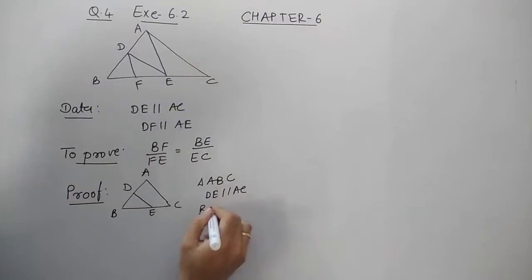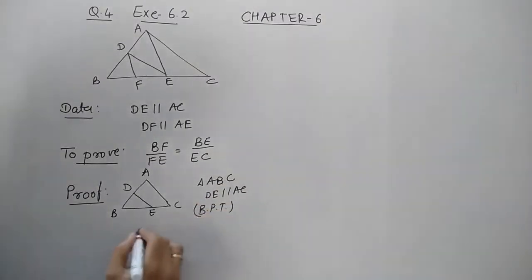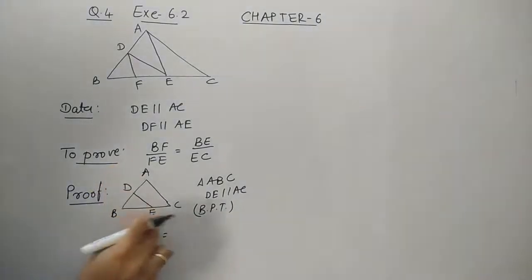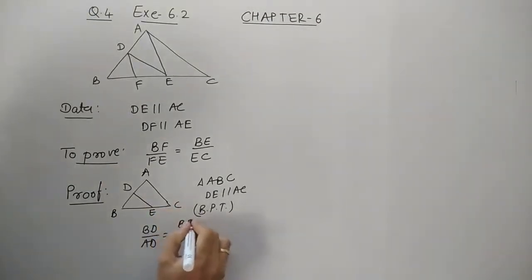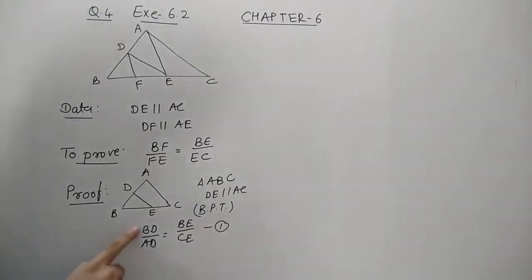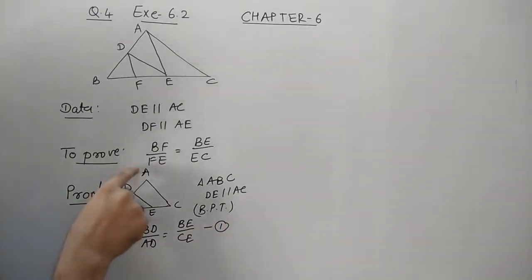So again using the basic proportionality theorem, we can say that BD upon AD is BE upon CE. Now you might be confused about why this time I have taken BD upon AD, not BD upon AB.